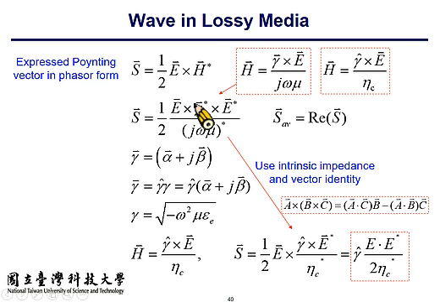Why? Because gamma star can be divided into two parts, so we can separate the two.